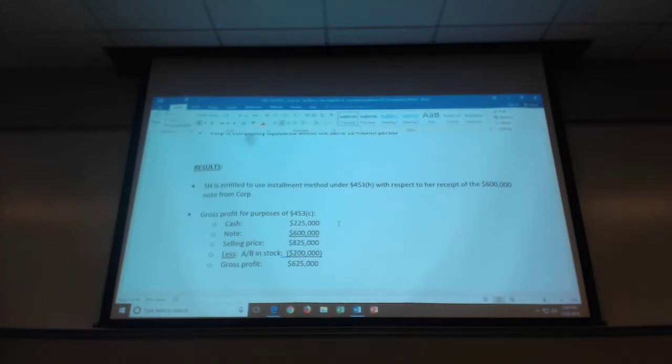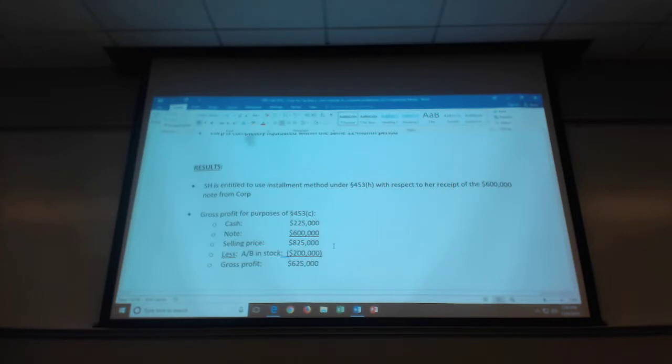Okay? However, the beauty of 453H is that this provision tells us that if the promissory note meets a whole bunch of criteria, which I'll come to in a minute, they're basically embedded in the factual assumptions here, then the shareholder doesn't have to pick up the value of the note in its amount realized.